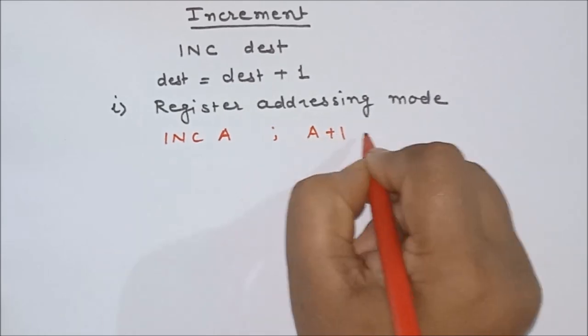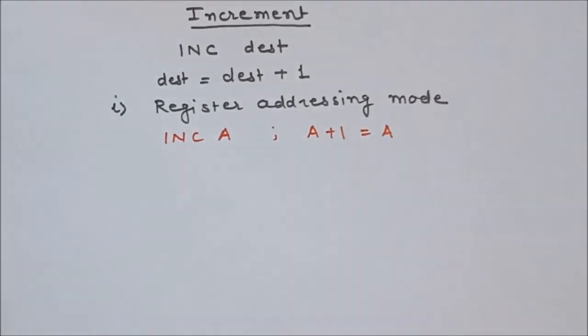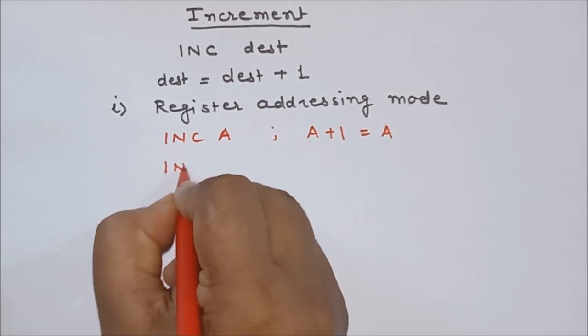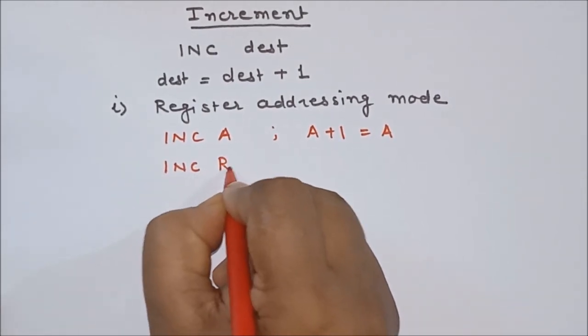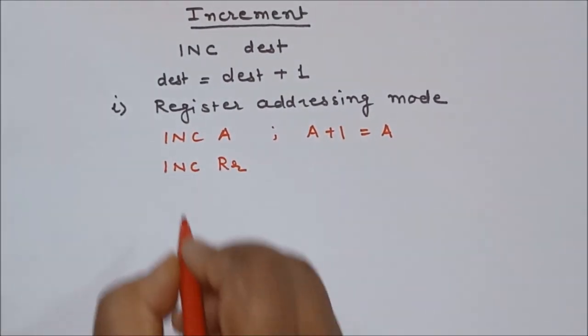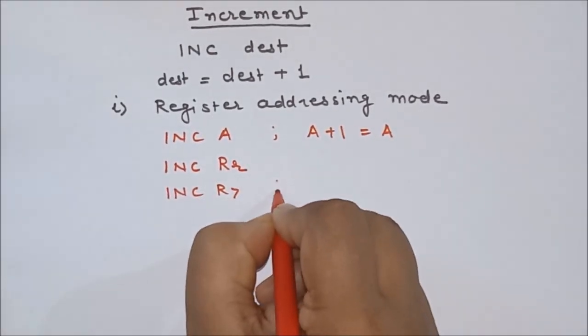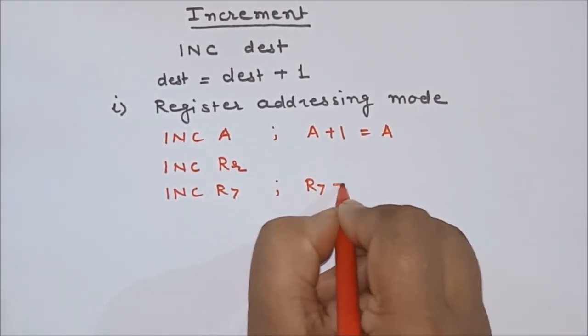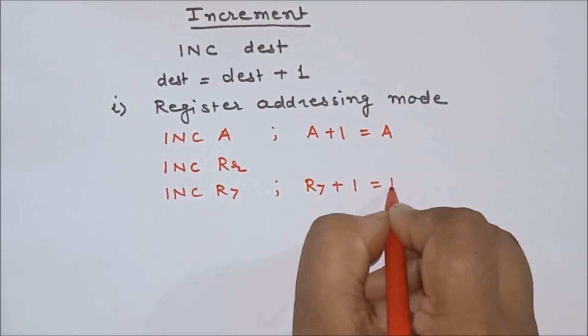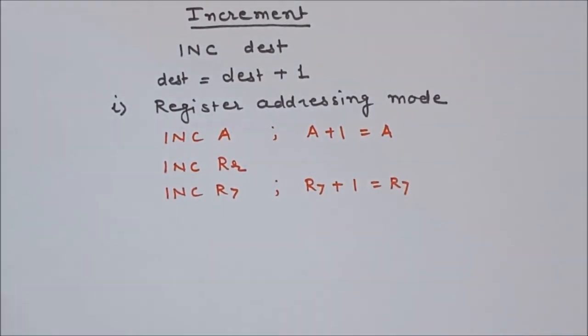So the accumulator will be incremented by 1 and the result will be stored in the accumulator. We can use any of the registers R0 to R7. For example, INC R7. It will increment the contents of R7 by 1 and the result will be stored in register R7.